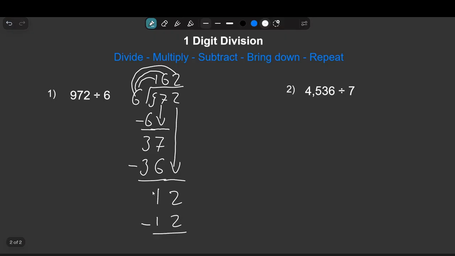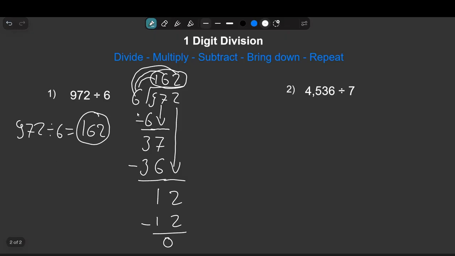Now we do 12 minus 12 equals 0. So we end up perfectly without any remainders, and this will be our final answer, 162. So I'm going to write it right here. 972 divided by 6 equals 162. This will be our final answer of the first example.